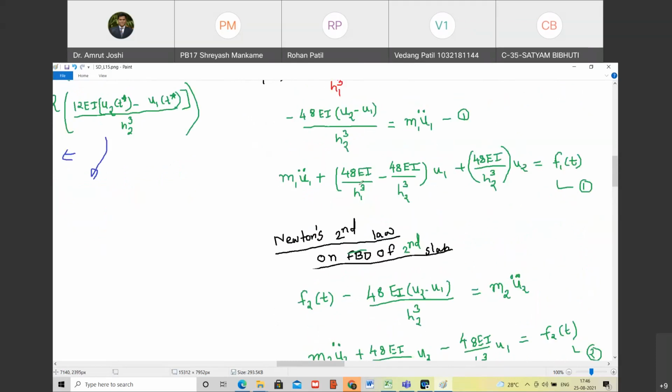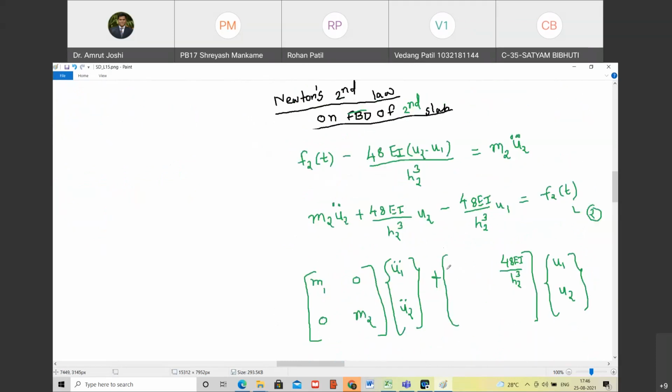The sign is also correct. So 48 EI upon H1 cube, 48 EI upon H1 cube minus 48 EI upon H2 cube. This gets multiplied by U1, this gets multiplied by U2.